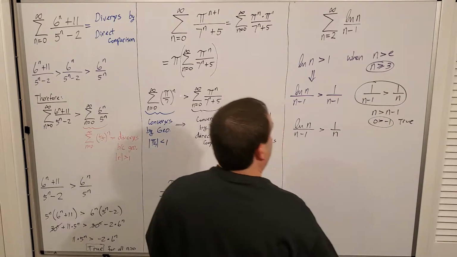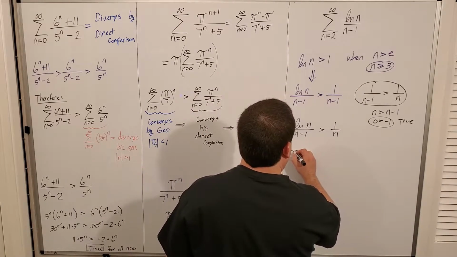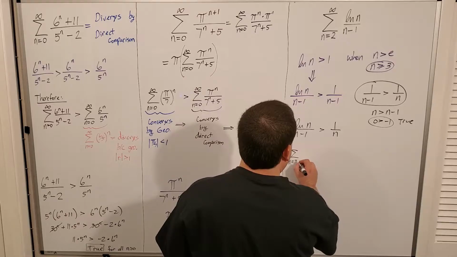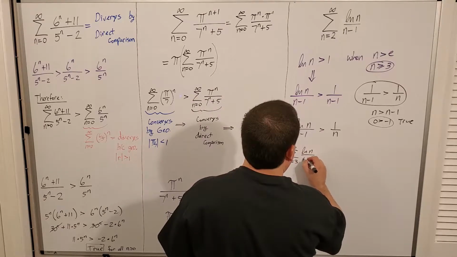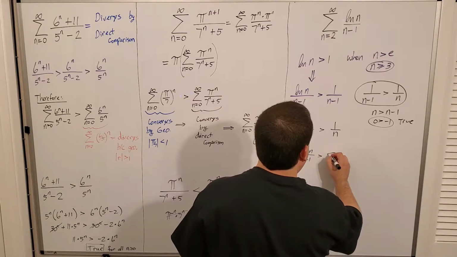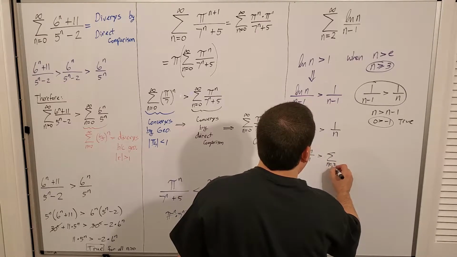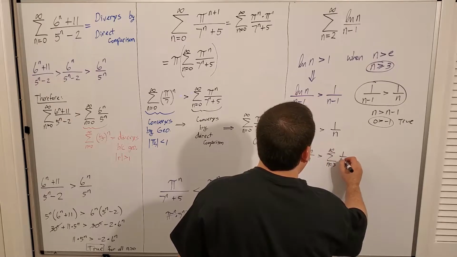Okay, so what does that mean? It means that the sum from n equals 3 to infinity of ln of n over n minus 1 is greater than the sum from n equals 3 to infinity of 1 over n.